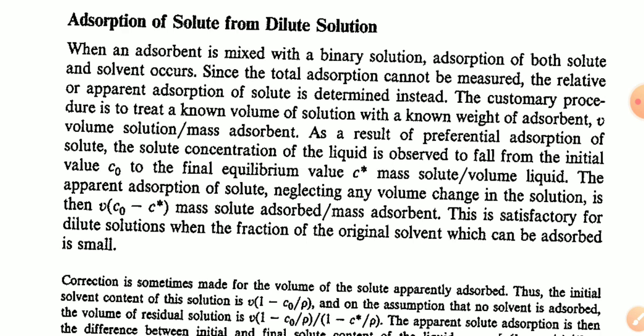The apparent adsorption of solute, neglecting any volume change in the solution, is then V(C0 minus C star), the mass of solute adsorbed per mass of adsorbent. This is satisfactory for a dilute solution, when the fraction of the original solvent which can be adsorbed is small. This is the adsorption from liquid basis.